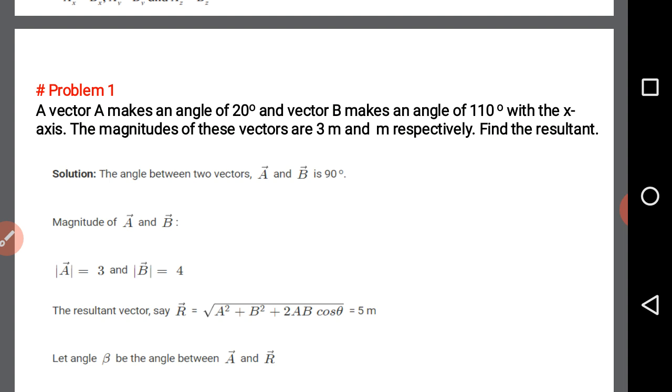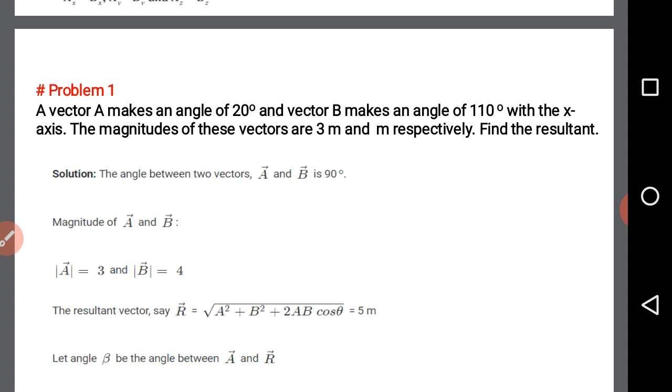So you are given two different vectors. One is making an angle of 20 degrees with x and another is making an angle of 110 degrees.